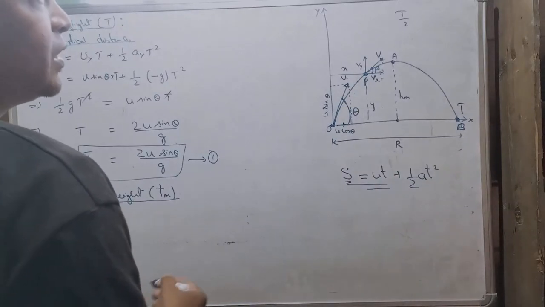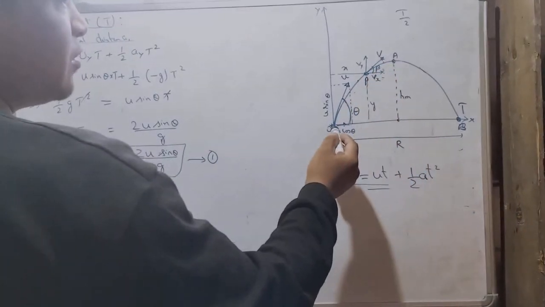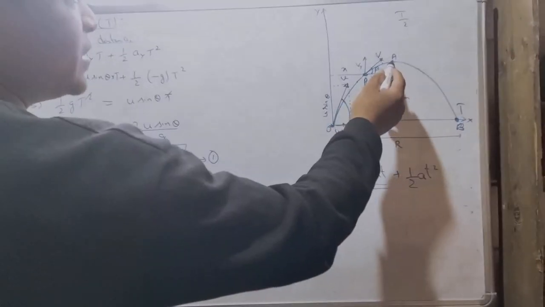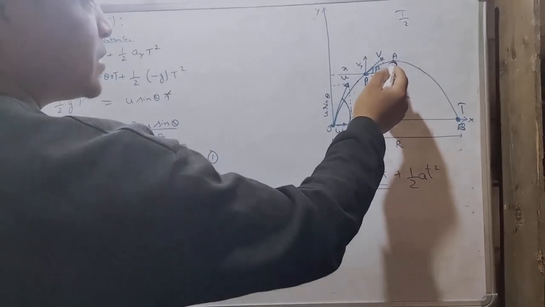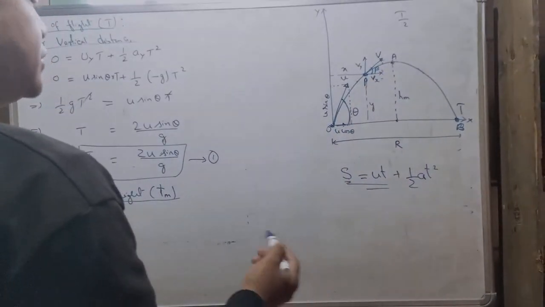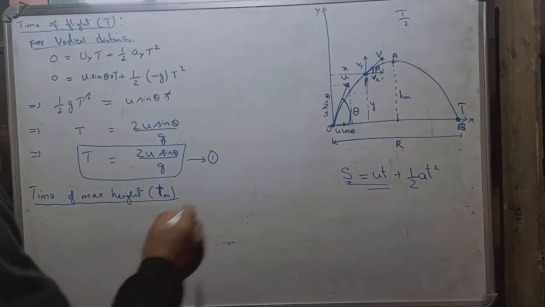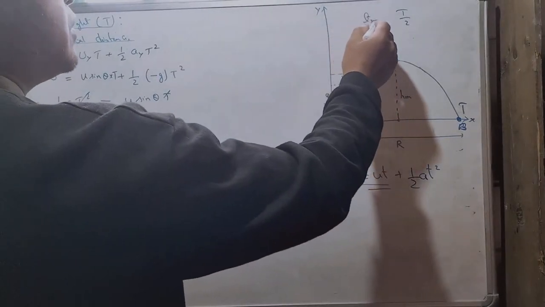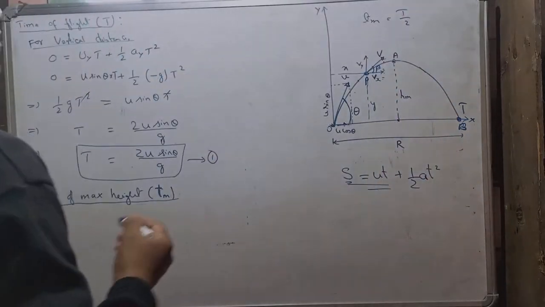Now, because this point A is symmetric, which means the distance from O to A is the same as A to B, the time at this point A should be half the time of flight. So if I denote the time to reach the maximum height as Tm, then this Tm should be equal to half of the time of flight, that means T upon 2.